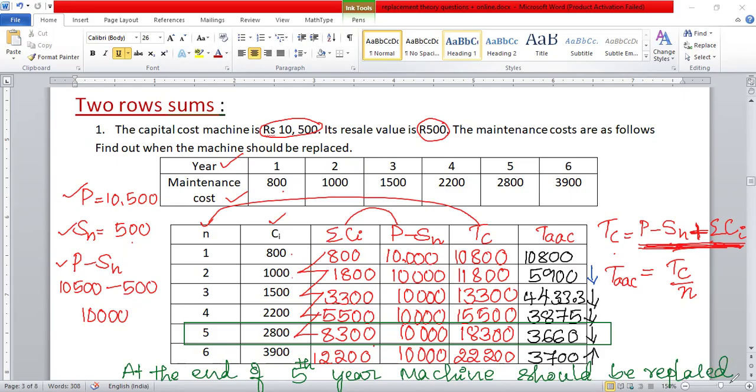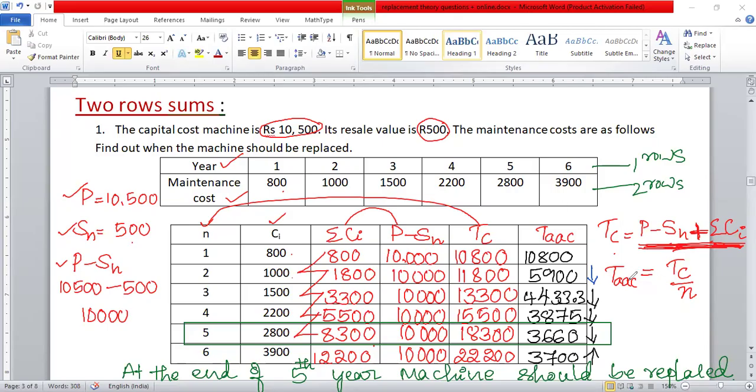So this is the way to do replacement problem, guys, because here two rows sums are given. Very simple. The first column N is always given and CI is always given. Look at the formula. First you have to do summation of CI. Second you have to do P minus S of N. After that you add both, and we get complete TC.